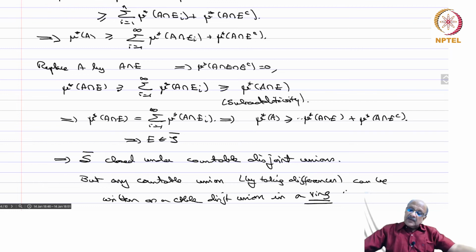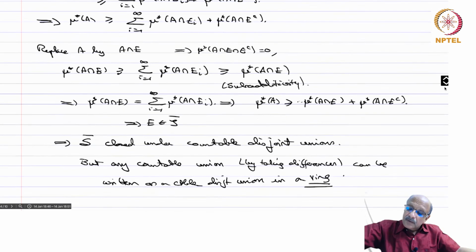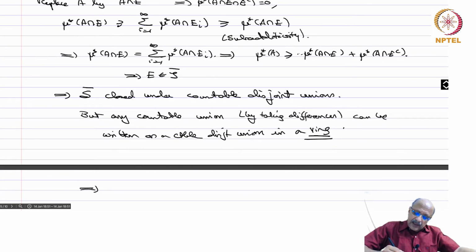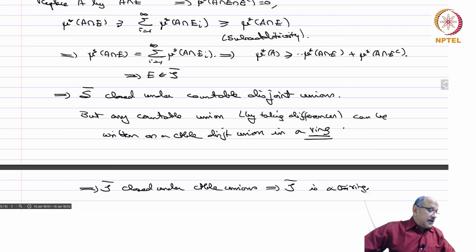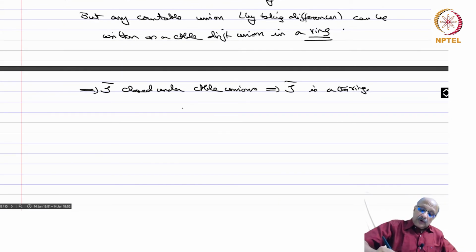But S bar is a ring, and therefore this implies that S bar is closed under countable unions, and this implies S bar is a ring which is closed under countable unions, so that is a sigma ring. Okay, and we have also proved that equation which we wanted to.